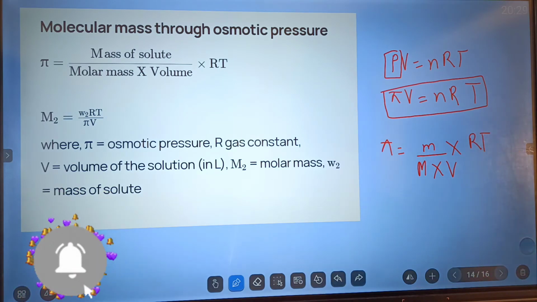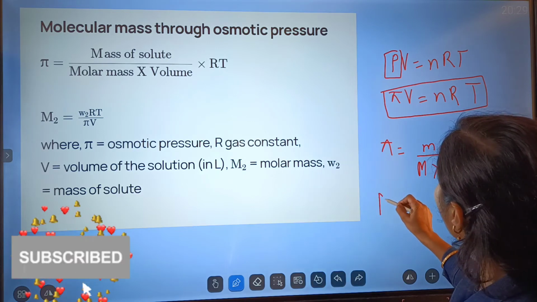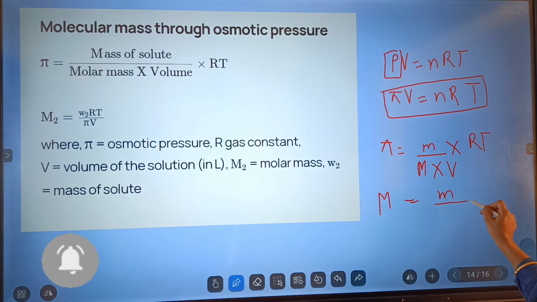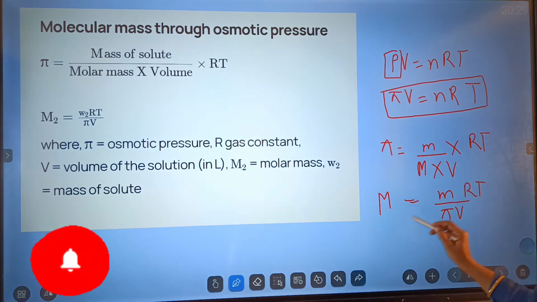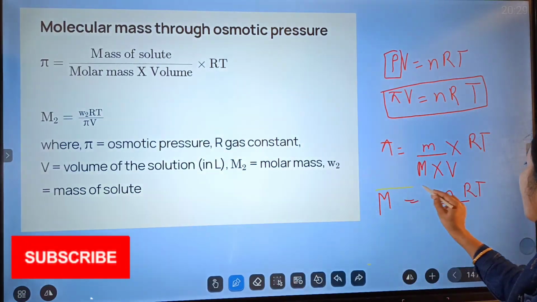By this formula you are going to calculate the molecular weight also. If you want to calculate molecular weight, just put it here, and here you will be calculating the molecular weight using this equation.